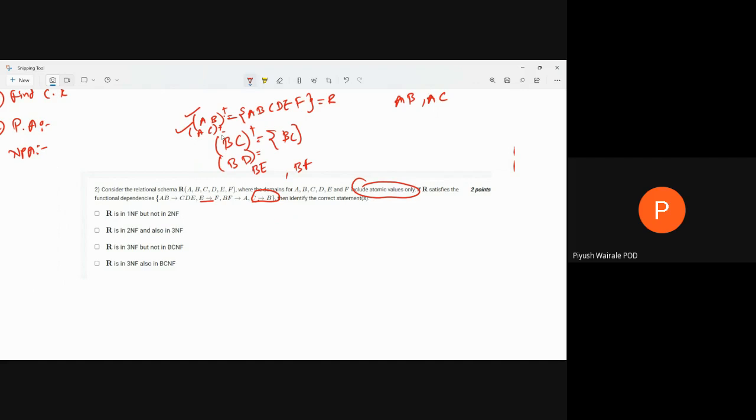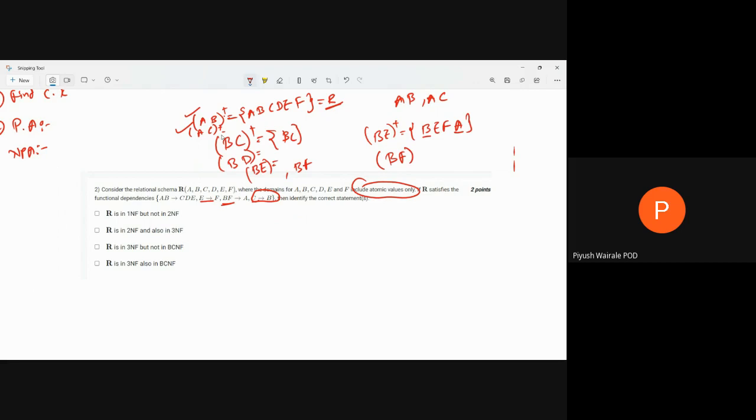BE is a key, because if I take the closure of BE, I will get BEF, and from BF I will get A, and if I get A and B, I will get all the attributes. So BE is also a key. BD is not a key. BF is there, right? BF is also a key.